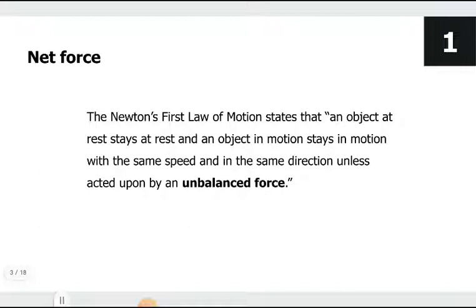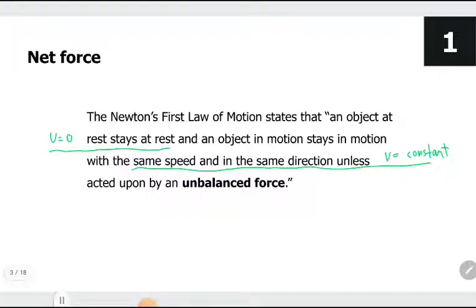Okay, let's take a moment to dissect the first law of motion. An object at rest stays at rest. An object at rest is not moving, it's stationary. That means its velocity is zero. An object in motion stays in motion with the same speed and in the same direction. So if something is moving at the same speed and in the same direction, we can say that its velocity is constant.